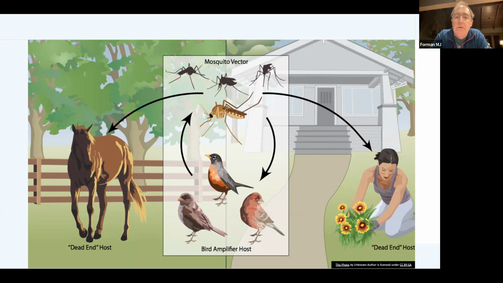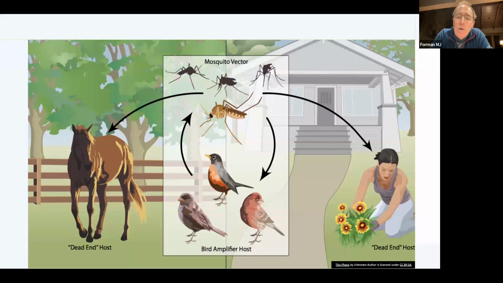They're outside. And if you notice, the transmission says that the horse is a dead-end host, same thing with the person. What that means is that if either a horse or a person is infected, they cannot infect someone else. The life cycle has to go through a bird and through a mosquito.